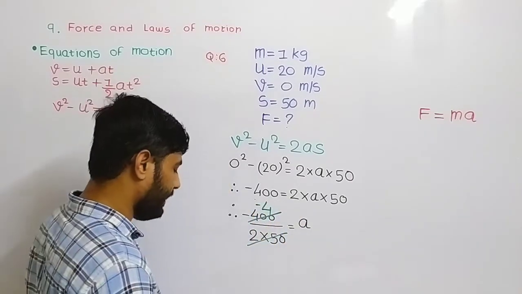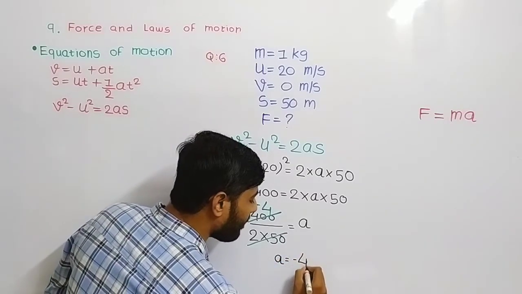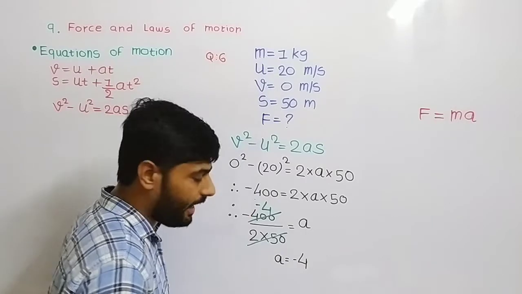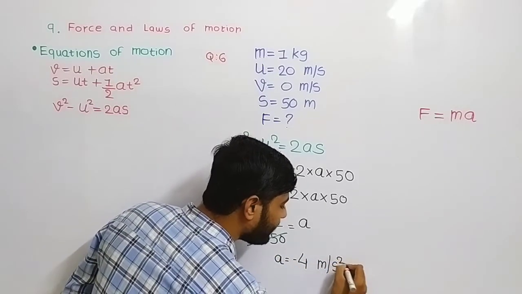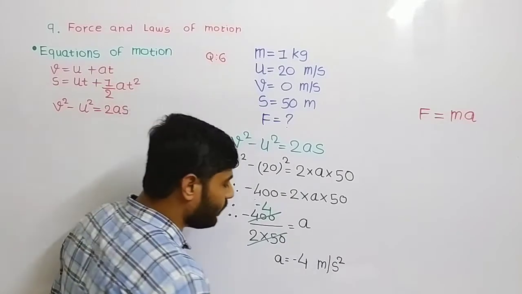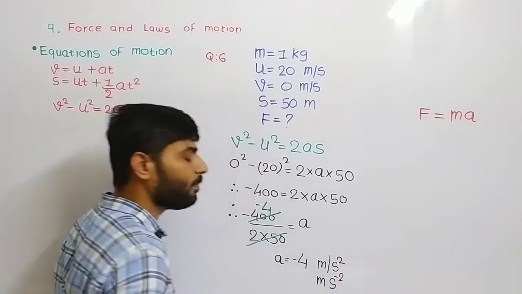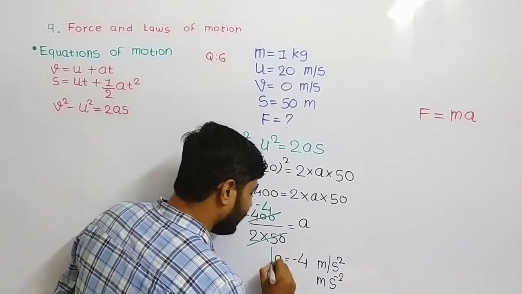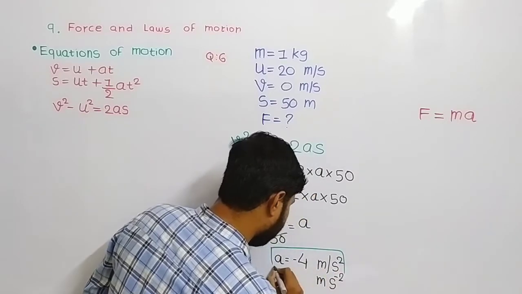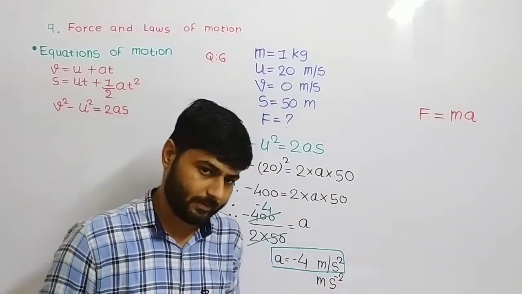So a is equal to minus 4, and don't forget to write the unit, that is meter per second square. Also I can write it as meter second raised to minus 2. So we have the acceleration, that is minus 4 meter per second square.